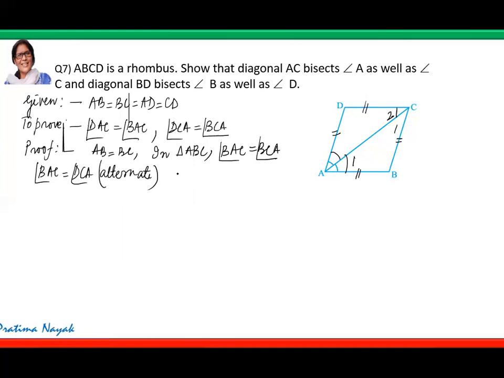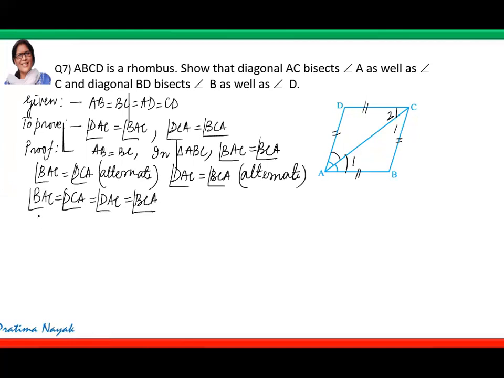And DAC is equal to BCA. They are also alternate angles. So each is equal to each other. So BAC is equal to DCA, is also equal to DAC, also equal to BCA.